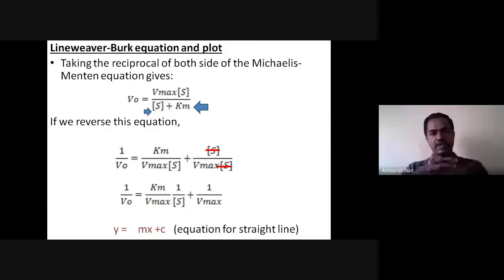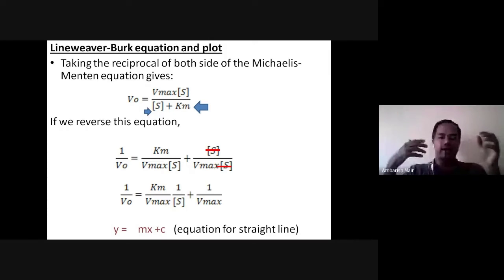So what Lineweaver and Burk have done is they took this Michaelis-Menten equation and just inverted it, made it ulta. When you make it ulta, you can rewrite the equation in the form of y is equal to mx plus c. If you write it this way, you can plot the graph.